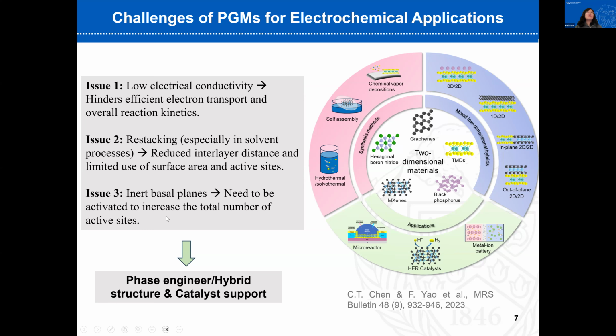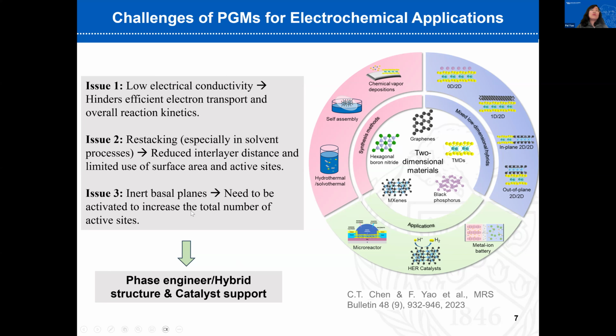In order to increase the total number of active sites, we need to think of some strategy to activate the basal plane. To address those three issues in this talk, I would like to talk about phase engineering and forming hybrid structures to address issue 1 and issue 2.